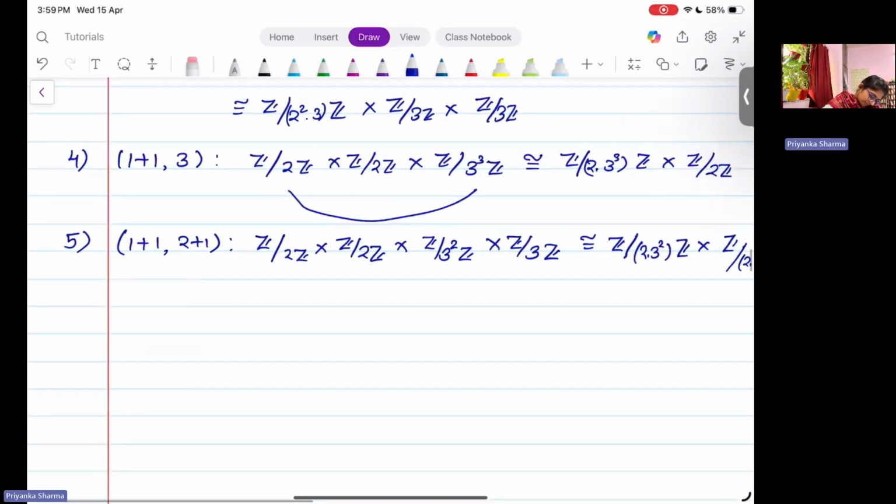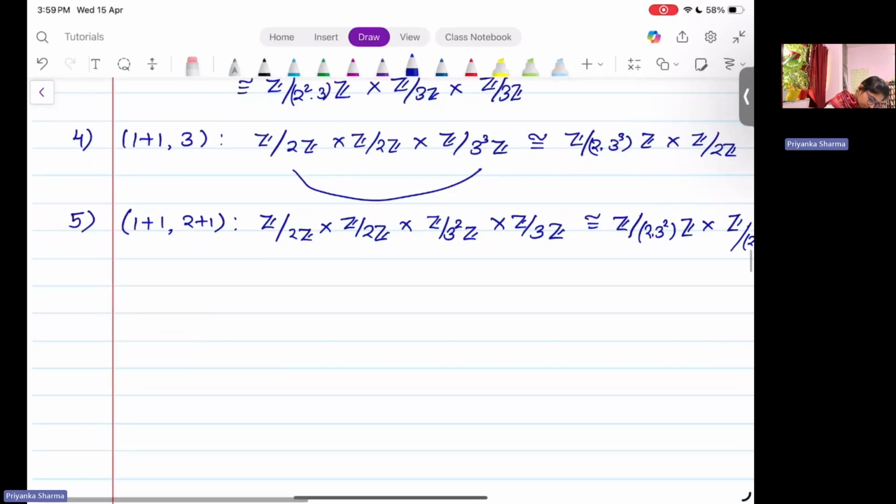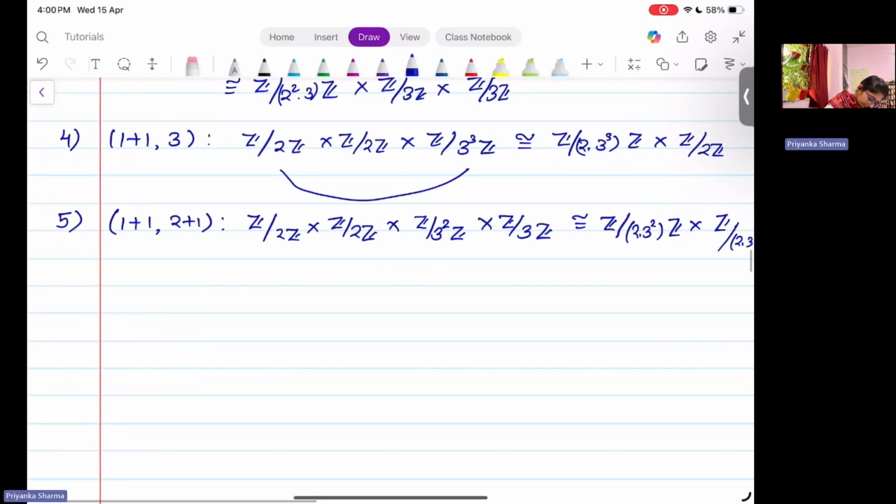Now we have the sixth non-isomorphic abelian group of order 108, which is corresponding to the partition 1 plus 1 and 1 plus 1 plus 1.